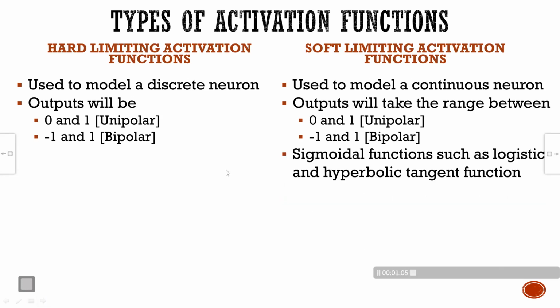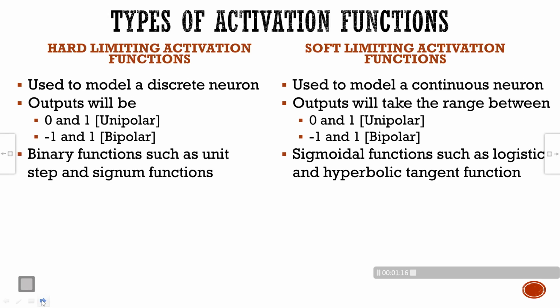Now the examples of soft limiting activation functions, as you have already studied, are sigmoidal functions, which are the logistic function and hyperbolic tangent function, and the examples of hard limiting activation functions are binary functions such as the unit step and signum function.